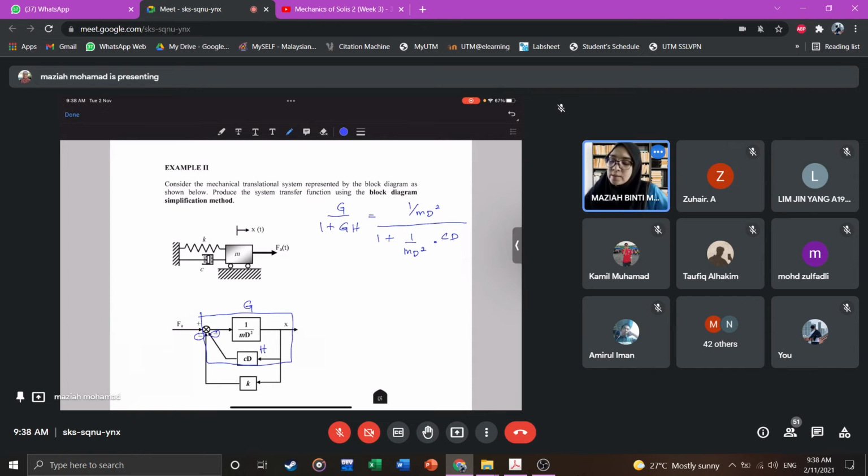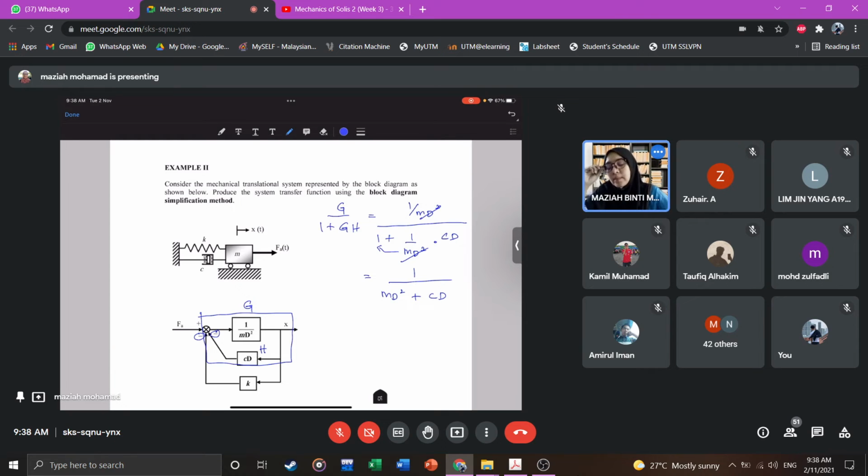All right, so we're going to multiply it here, so we can cancel the two terms here. So therefore, the equation will become 1 over MD square, because we already multiplied there, plus CD.